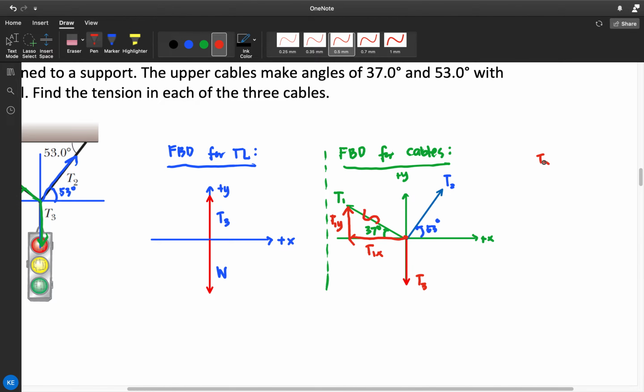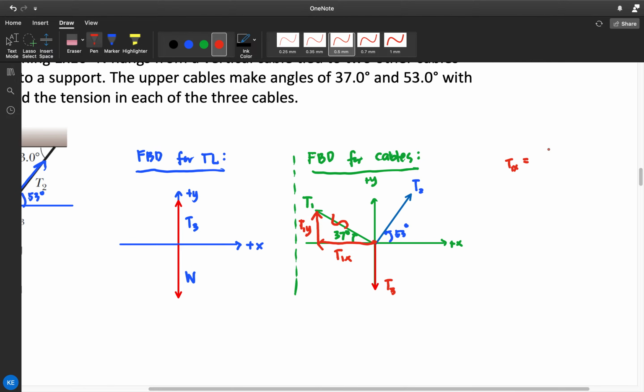T1x is on the adjacent side of angle 37, so that would be cosine. So you'll have T1 cosine 37. I won't incorporate the negative, although I know it's towards the negative x-axis, since it is redundant when we add the vectors.